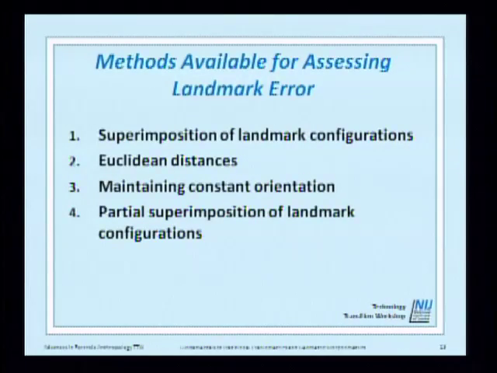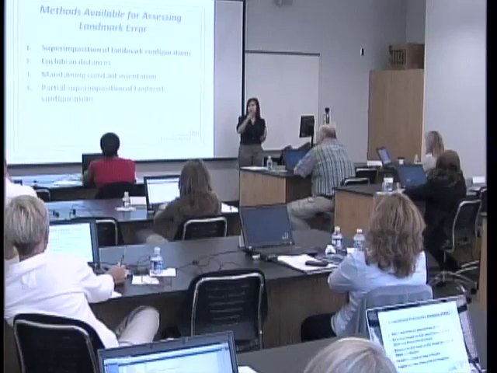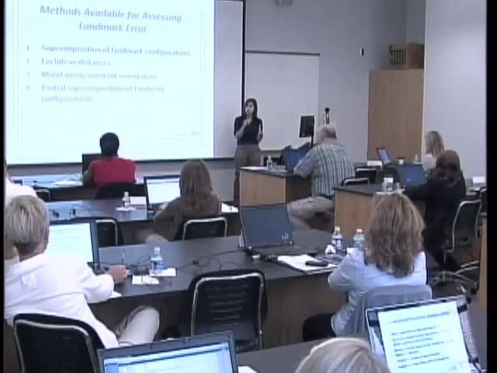But in order to do an error test or a precision test, if you're using geometric morphometrics, you have to have the skull in the same orientation. You can't move it. So that's one key thing to remember. Let's say you're digitizing your skull, and it slips or moves, you have to start over again. You can't just continue digitizing because you're introducing all kinds of error, okay?